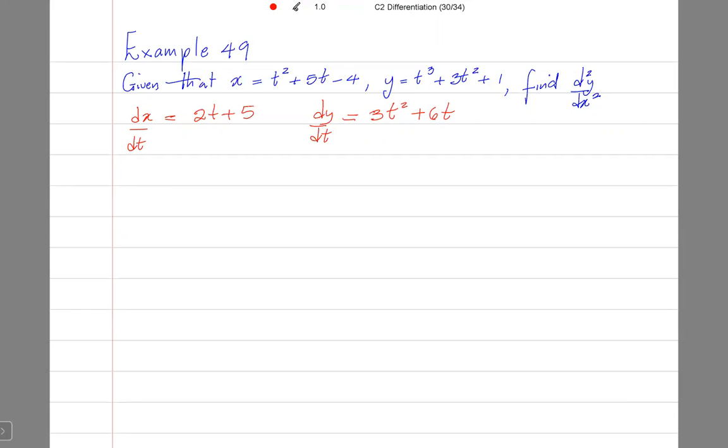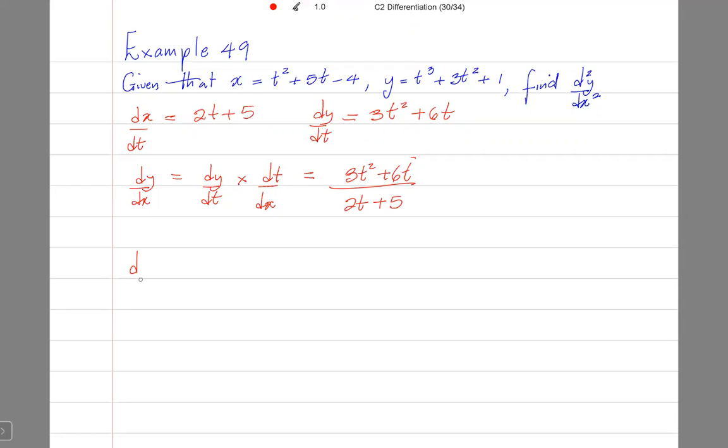Then dy by dx would be equal to dy by dt multiplied by dt by dx, which is the reciprocal of dx by dt. So this is going to be 3t squared plus 6t over 2t plus 5.